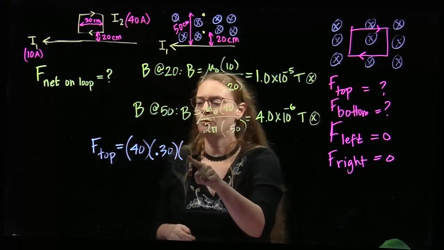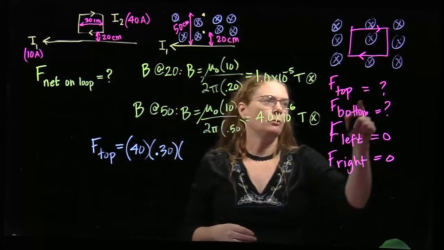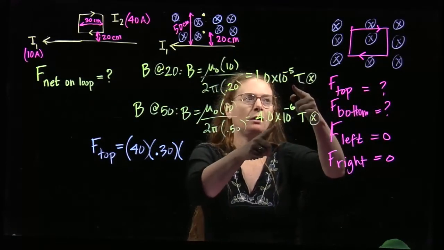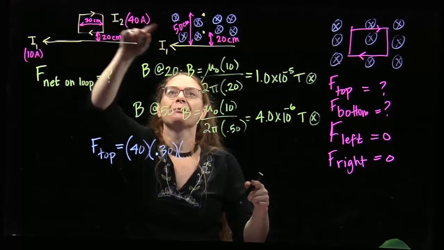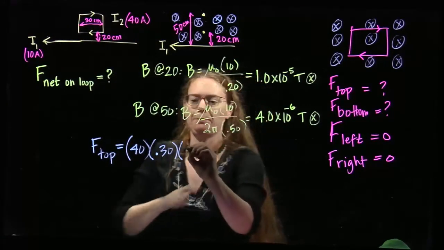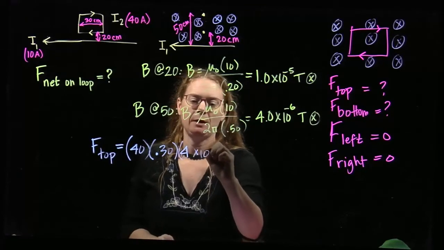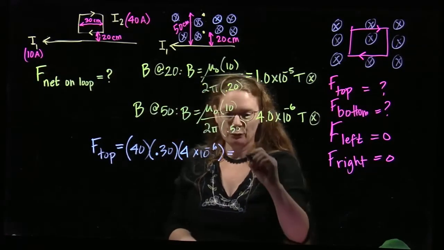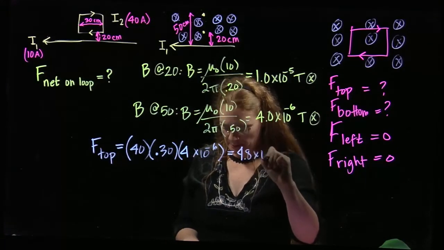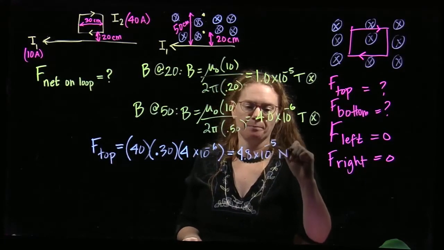And then it's the B field that it's in. And which B field am I going to use? Well, it's the one at 50 centimeters because I'm doing the top part. So 50 centimeters is that one, 4 times 10 to the minus 6. All right, so what do we get with that? 4.8 times 10 to the minus 5 newtons.